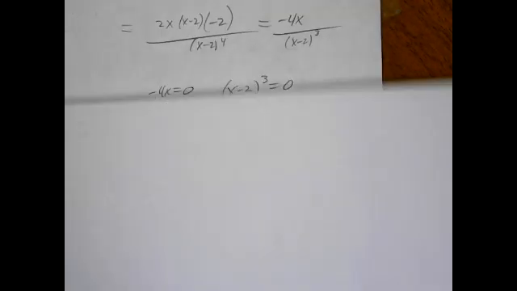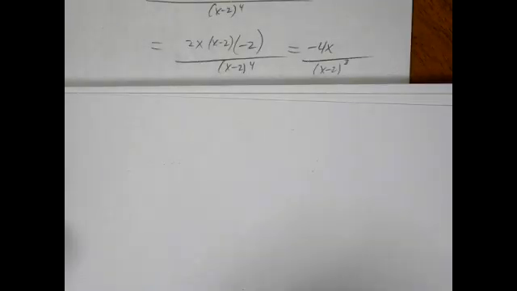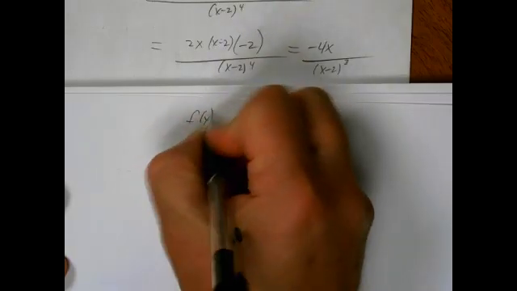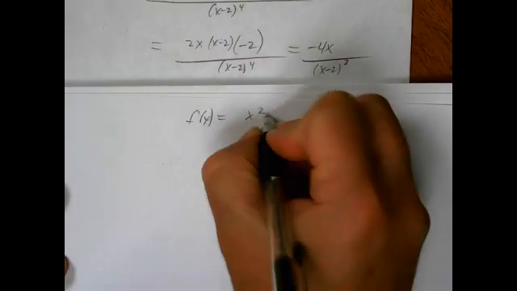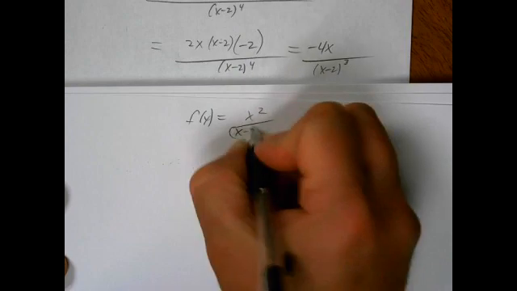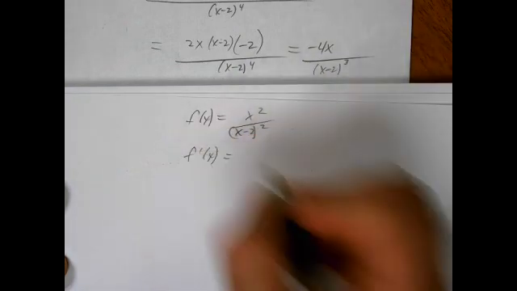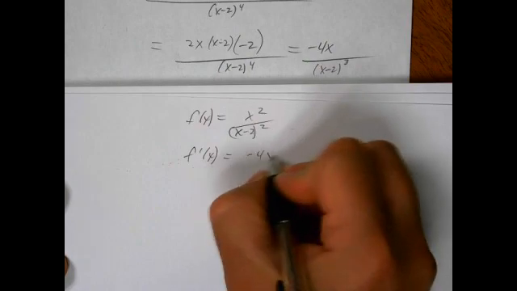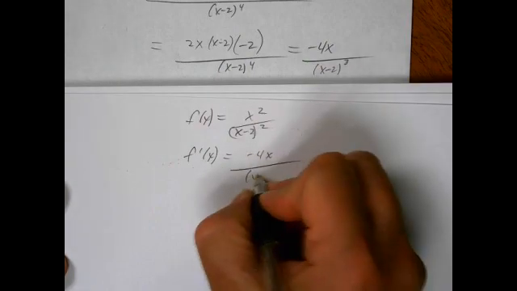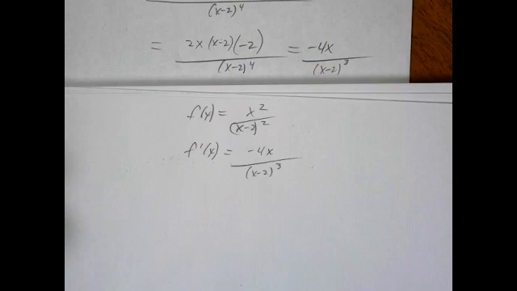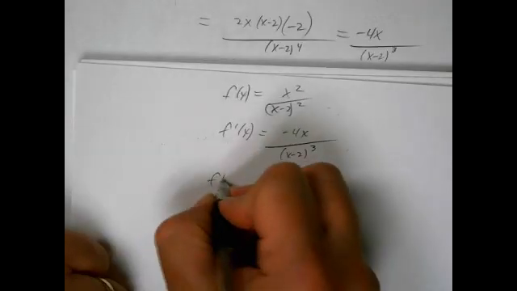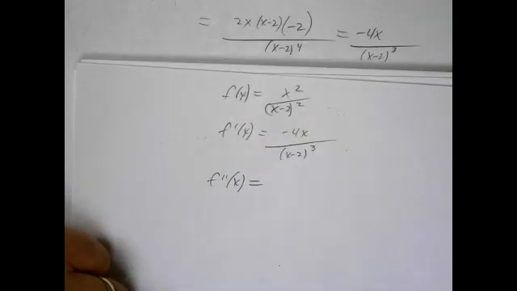Let me pick back up with this example that I had and show you what I'm talking about. Our original function was x squared over the x minus 2 quantity squared. Our first derivative, once simplified, turned into negative 4x over x minus 2 to the third. Let's find a second derivative.